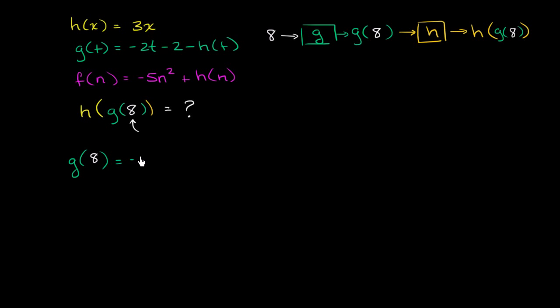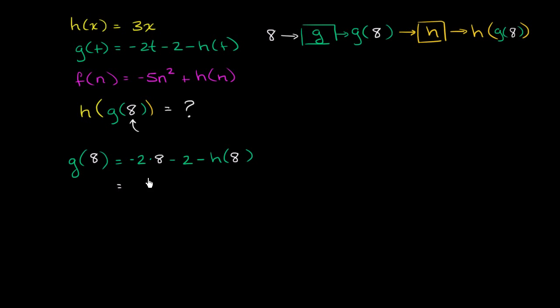So it's going to be negative 2 times 8, minus 2, minus, and this might be a little daunting, but let's just replace this t with an 8 and then see if we can make sense of it. Minus 2, minus h of 8. Notice, to evaluate g of 8, all we did is everywhere we saw a t, we replaced it with the input 8.